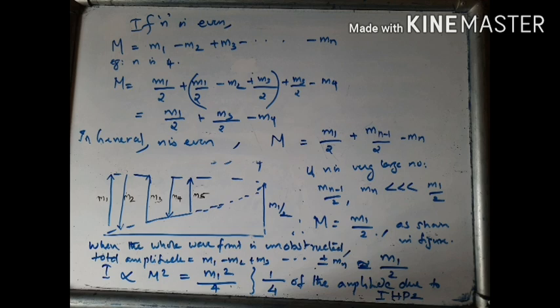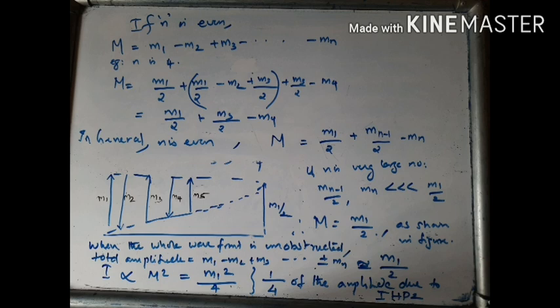And you know that if n is a very large number, the effect due to the last and second last half period zones is negligible compared with the first half period zone, that is, mn minus 1 by 2 and mn are very, very low compared with m1 by 2.